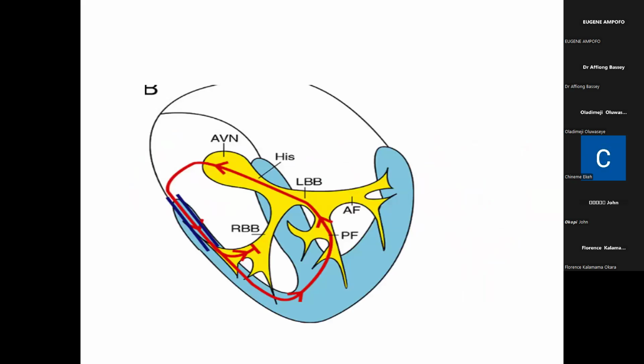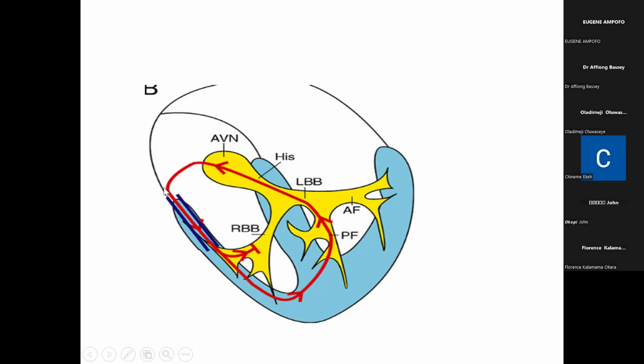Okay. So I'll explain again with this. It's just to know the nature of the tract. The nature of the tract for orthodromic and antidromic is that we all know the second limb that carries the tract is not in the AV node.